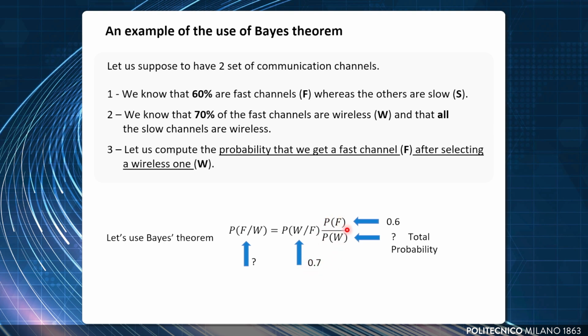The probability of a fast channel, again given by our problem, is 60%, 0.6. We have to compute the probability to get a wireless channel, and this can be computed easily by exploiting another theorem, the total probability theorem, that is a direct consequence, again, of the Bayes' theorem.